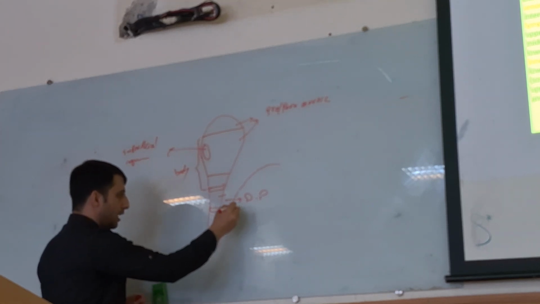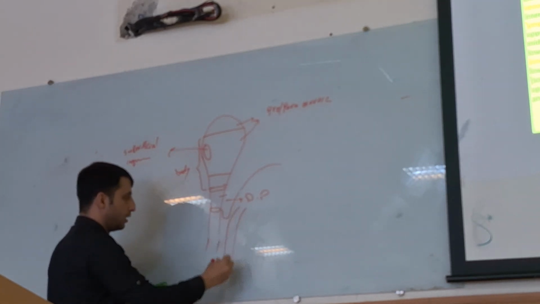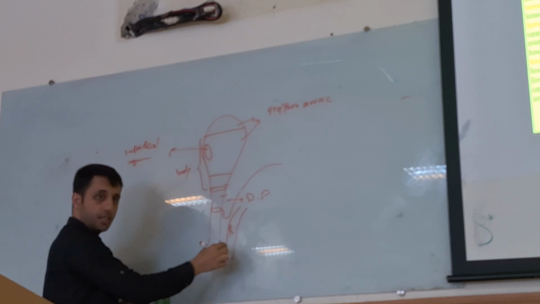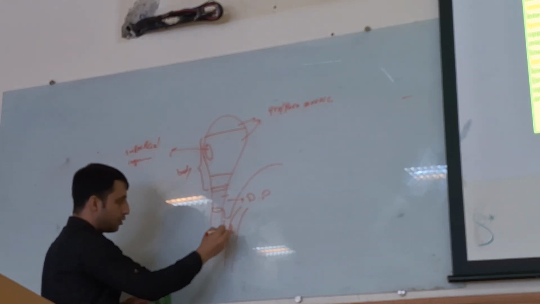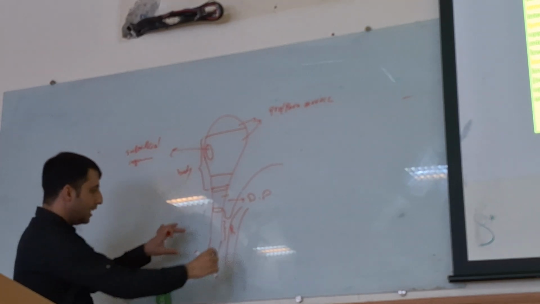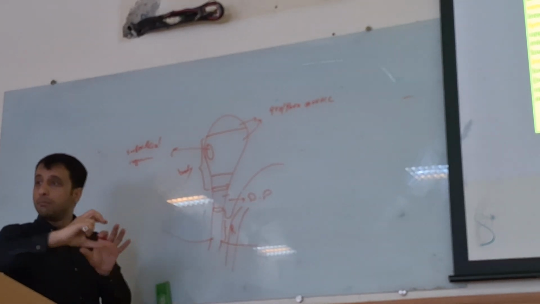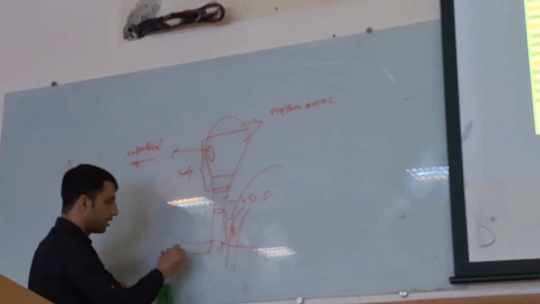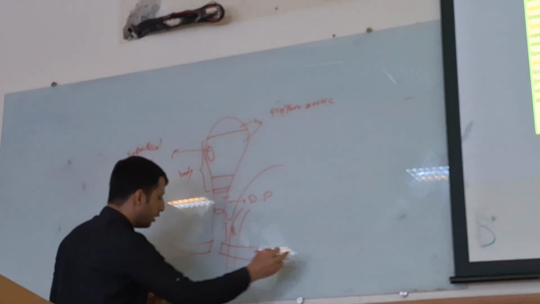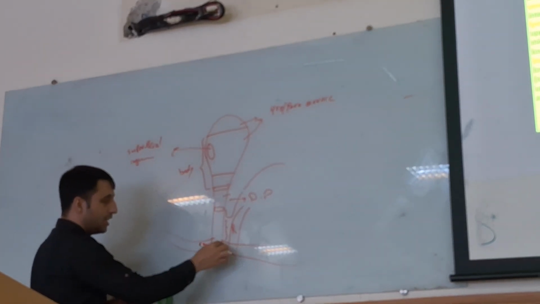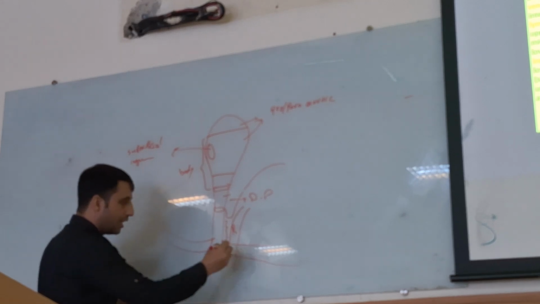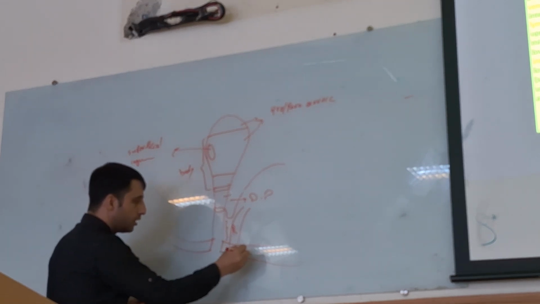This part is adjacent to the rectum. Yes, the middle part is adjacent to the rectum. In the inferior part we have the pelvic diaphragm. Yes. So this part is adjacent to the anal canal.